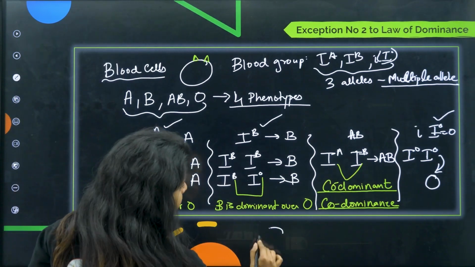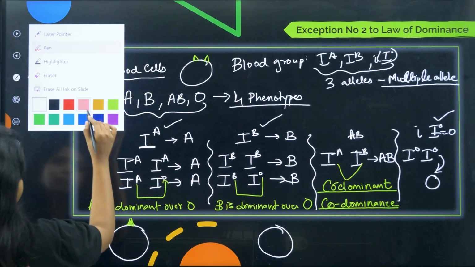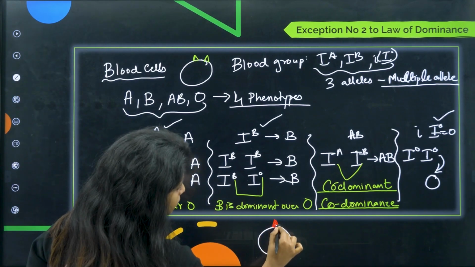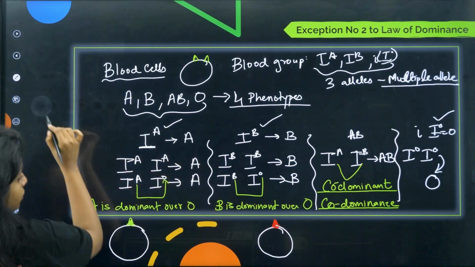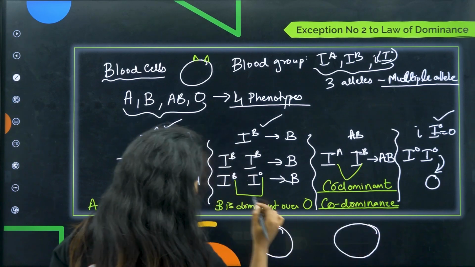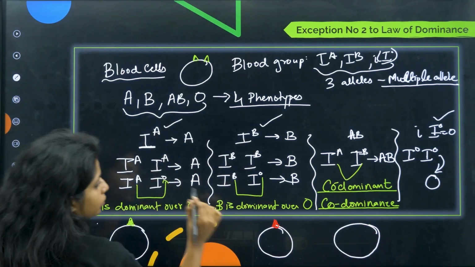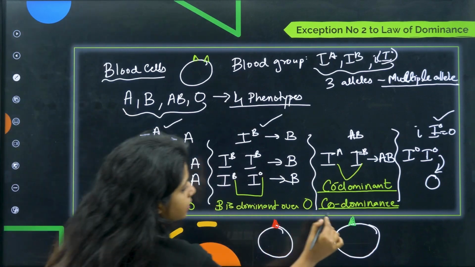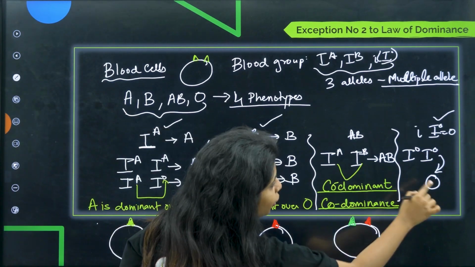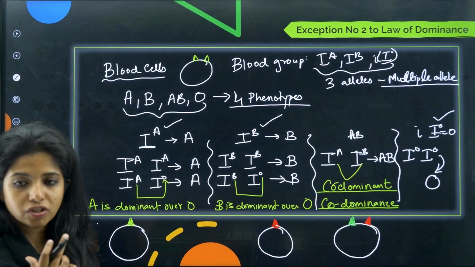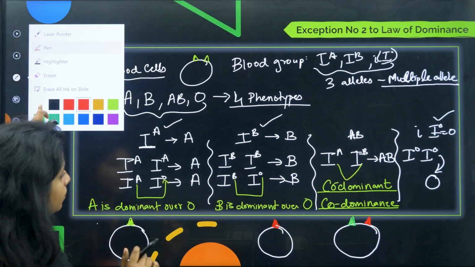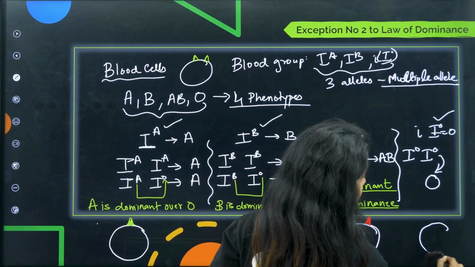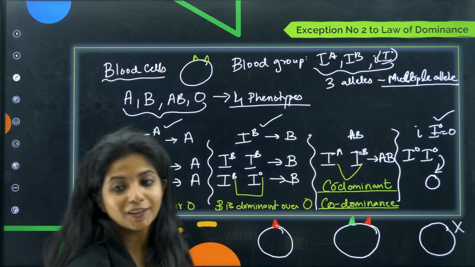If you see this cell, it will have sugar for IB. If you see this cell, it will have sugar for A and B, both. So, this is A and this is B. Talking about this particular gene that is having just i, it does not have any sugar at all.